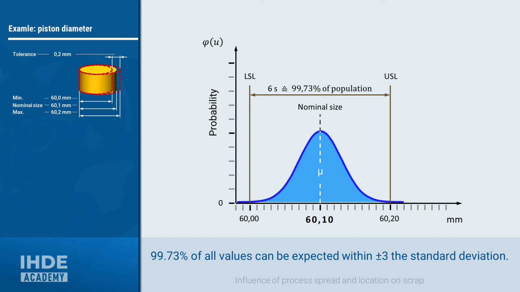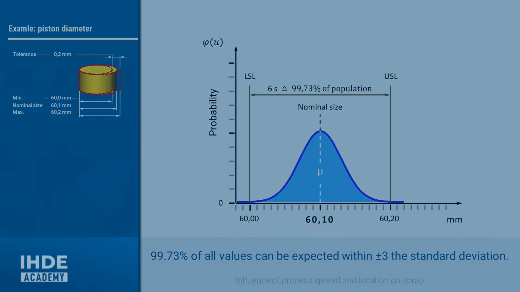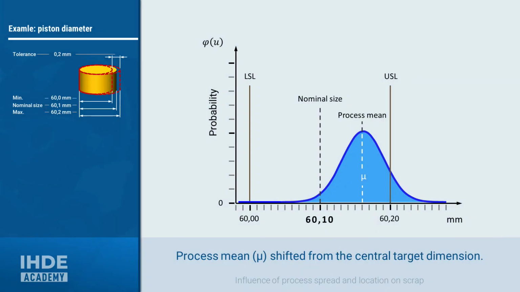So far, we have concentrated on the spread of the values and assumed that the process mean is congruent with the target value. But what if this is not the case? We will look at that next. In the process shown here, the process location is shifted.